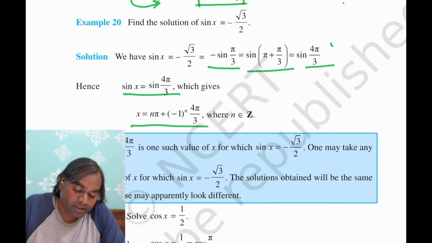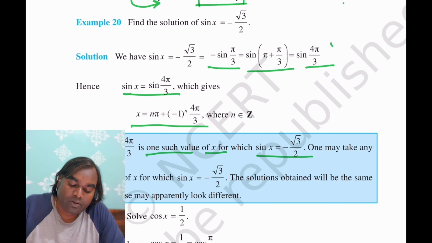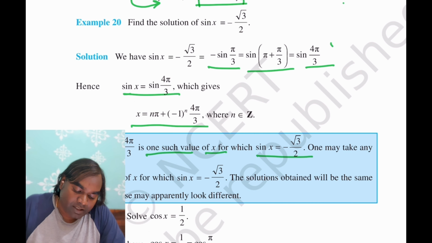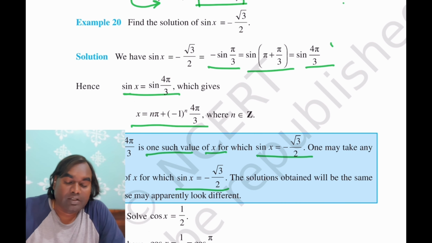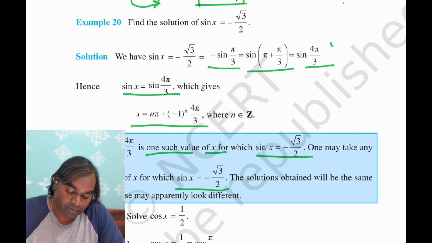Note, 4 pi by 3 is one such value of x for which sin x is equal to minus square root 3 by 2, and one may take any other value of x for which sin x is equal to minus square root 3 by 2. The solution obtained will be the same, although these may apparently look different.